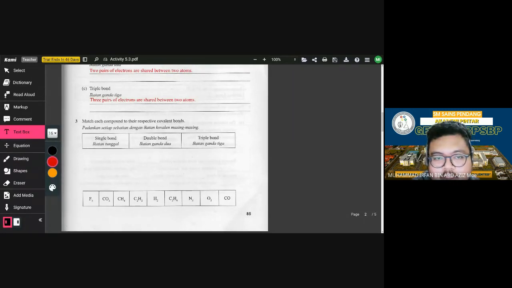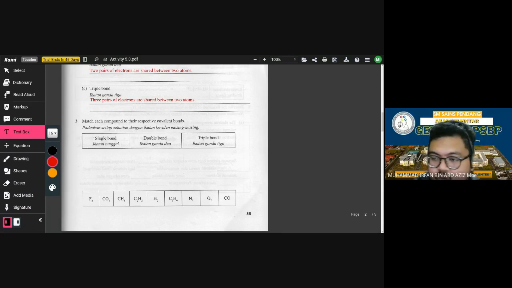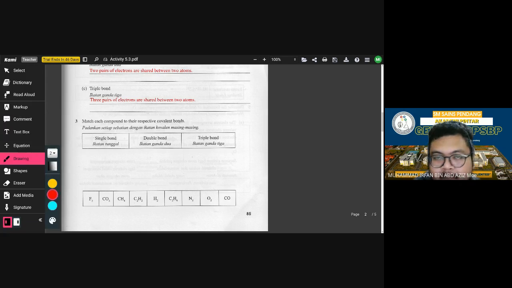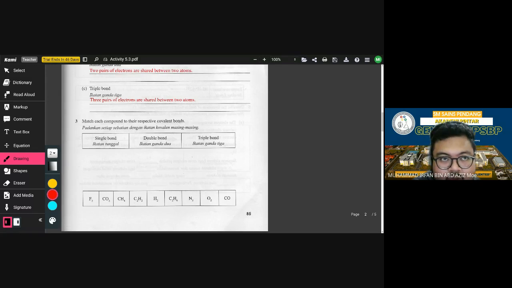Okay, siapa yang boleh buat single bond? Hydrogen. Okay, hydrogen apa? Two hydrogens, this is hydrogen gas, H2.